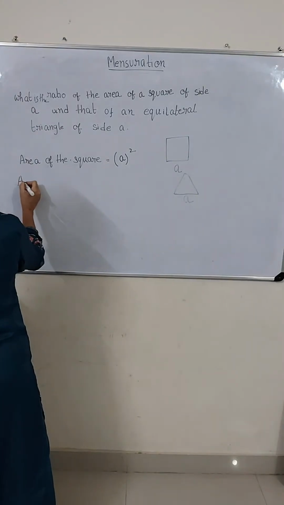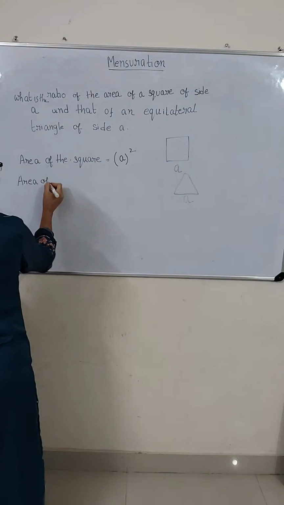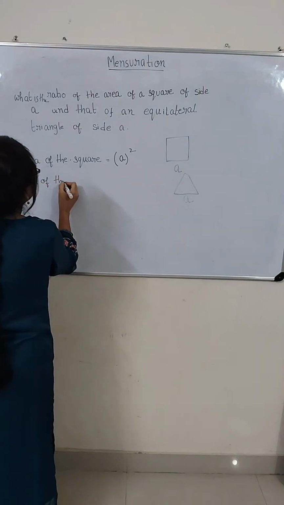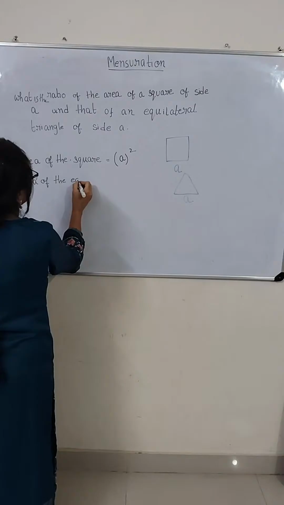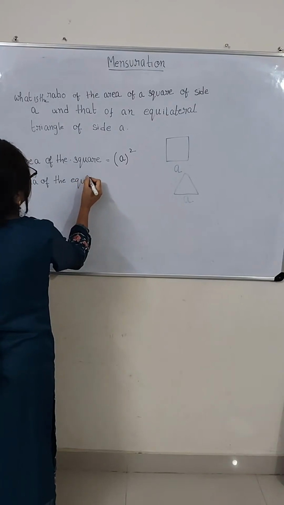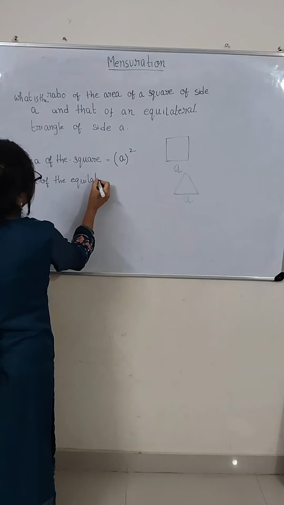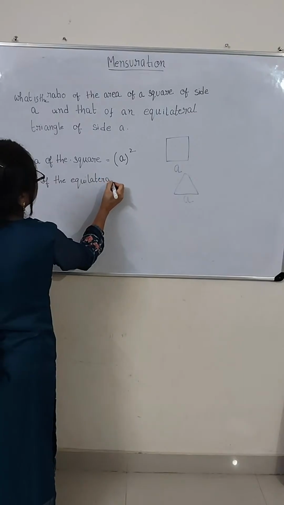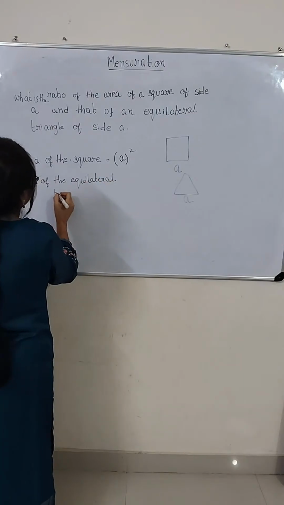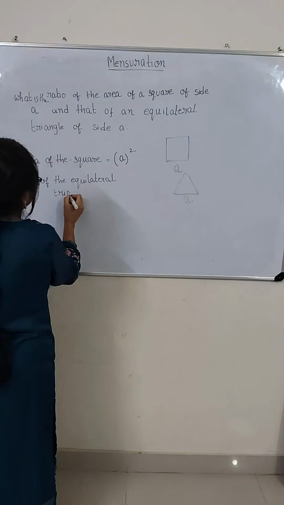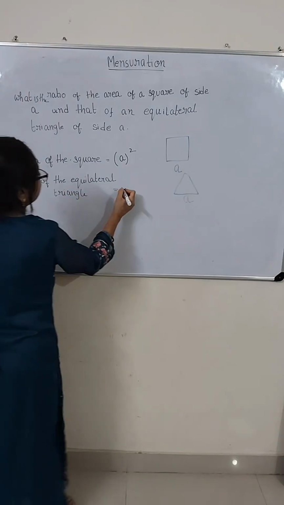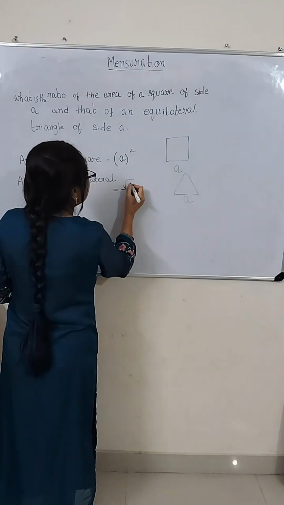Area of the equilateral triangle. What's the formula?